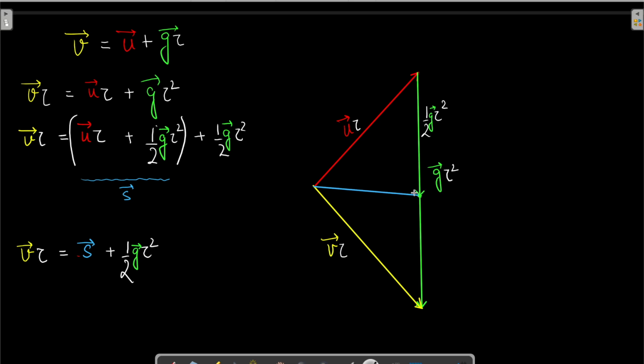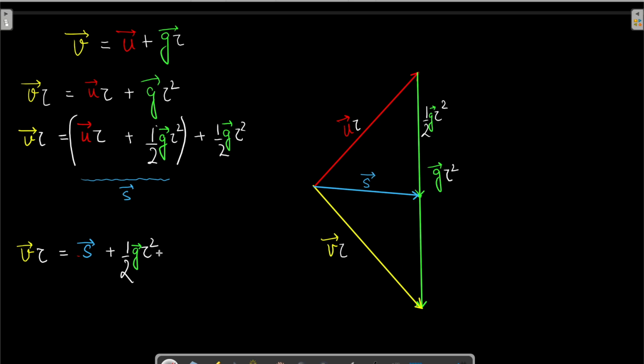We'll connect these two, and now we have this vector. Okay, I'll repeat it once. When we were drawing this, everything was normal, but the moment we scale it by tau, we get this nice thing, half g tau squared, and using the vector addition property, we get this triangle.